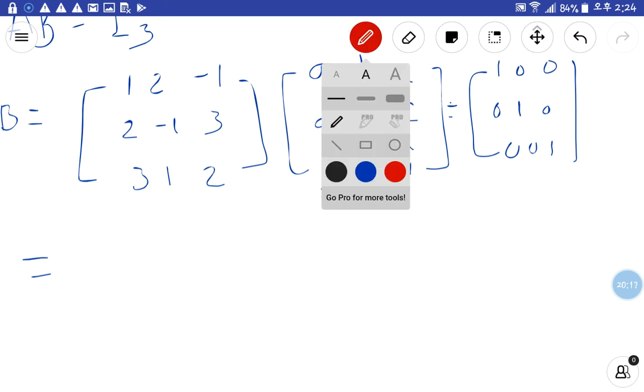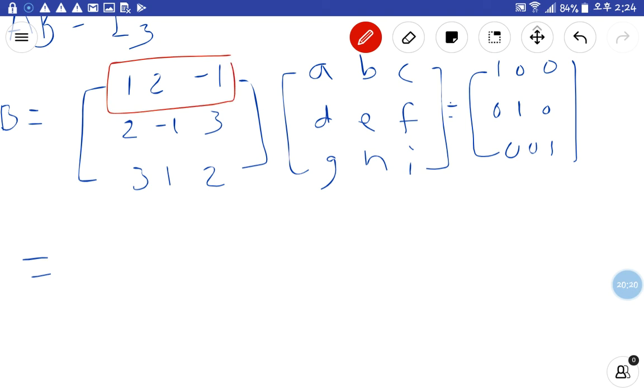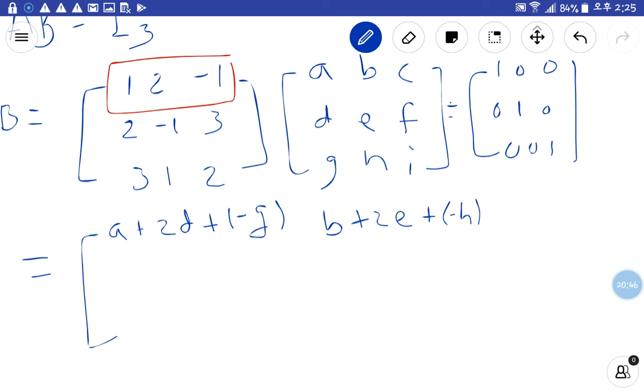I'm working with my first, second, and third columns. So my first one is a plus 2d plus negative g. That's one of my answers. The second, I got 1 times b plus 2e plus negative h. And my last one, 1 times c, 2f, and negative i. That is my first row, okay?